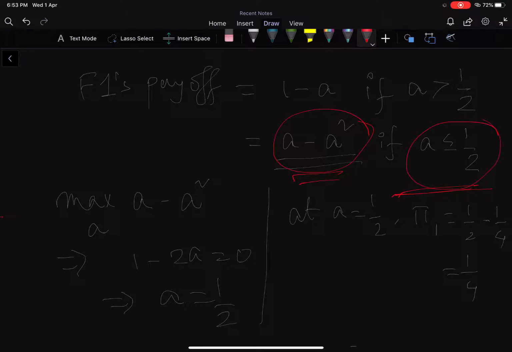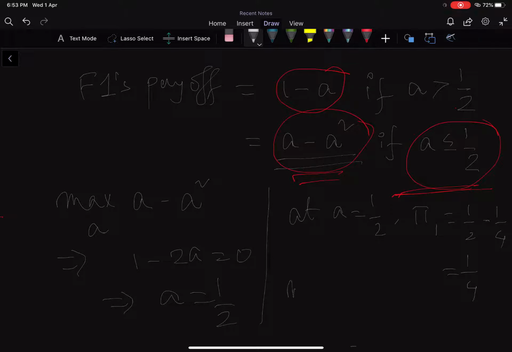The question is whether this is bigger than the maximum payoff under the other range.